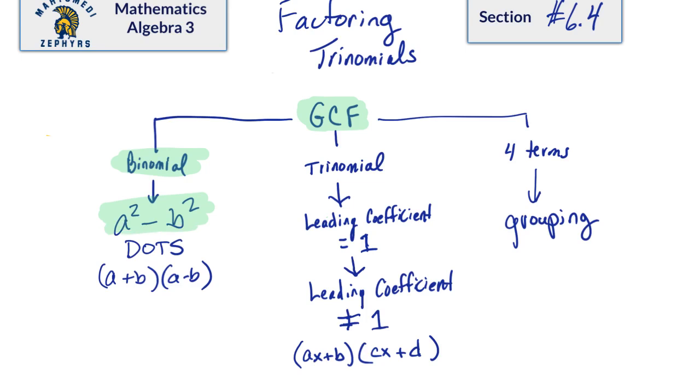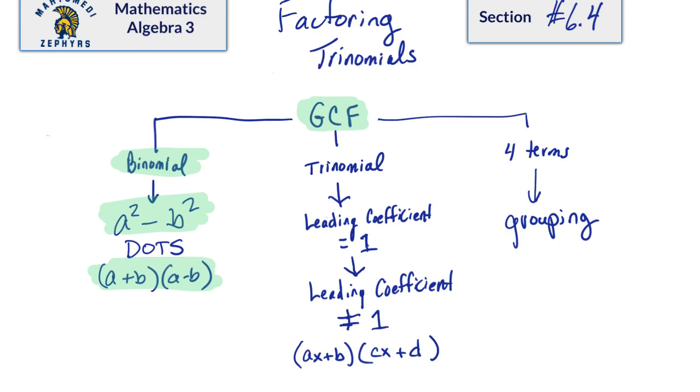Sometimes you hear it called DOTS, difference of the squares. When we recognized that, we were able to factor into the square root of a plus the square root of b, times the square root of a minus the square root of b. Those were the two items we studied yesterday.